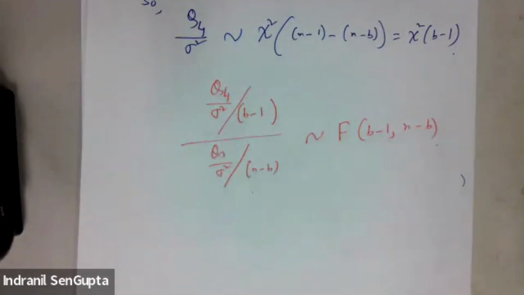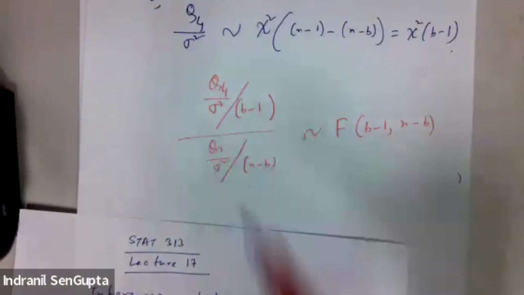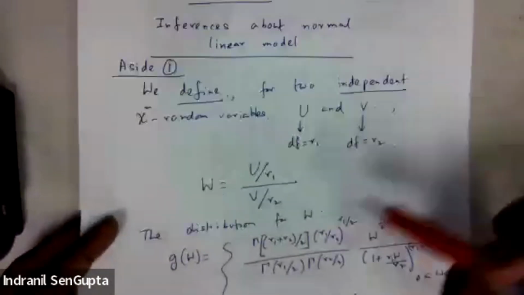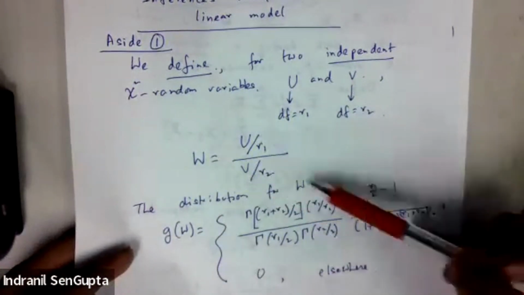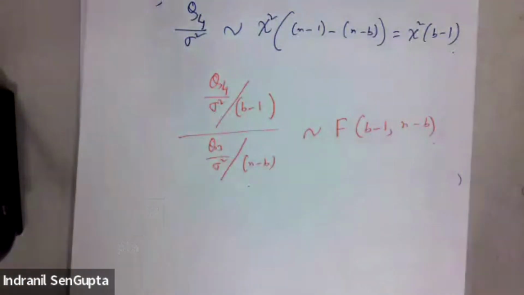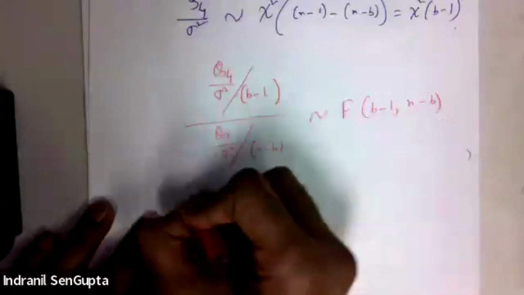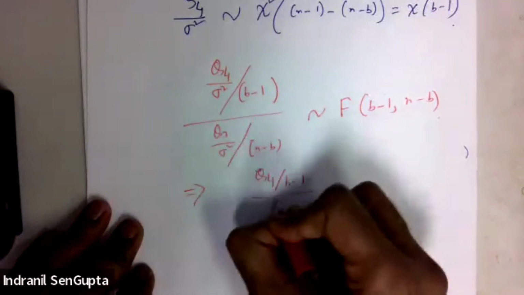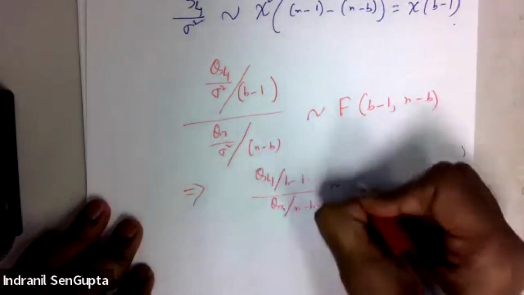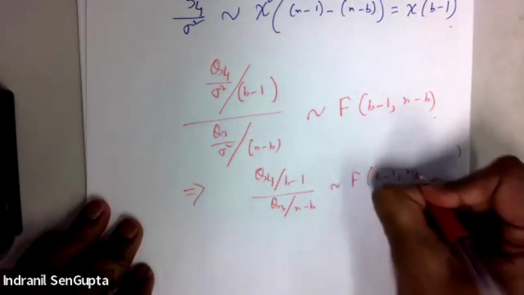We have seen it once again at the very first thing. Today in the class, this is one of the very first things that we did. If Q4 and Q3 are independent, as we have seen, then two independent chi-squares divided by their degrees of freedom give an F distribution. So what we found is really that Q4 divided by b minus 1 over Q3 divided by n minus b follows the F distribution.